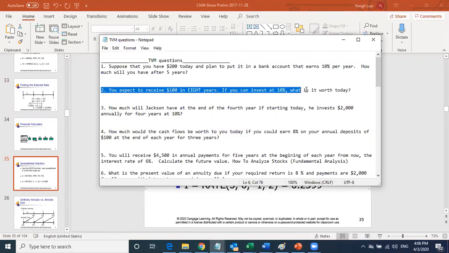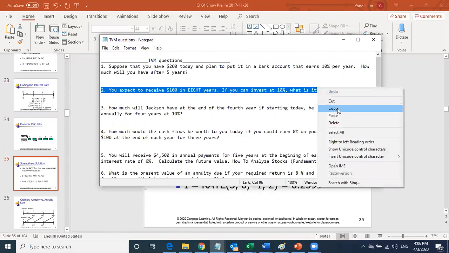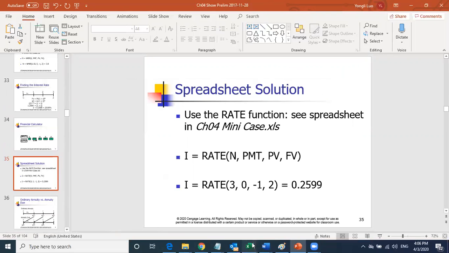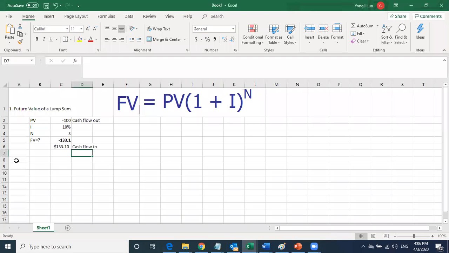For example, you expect to receive $100 in 8 years. If you can invest at 10%, what is it worth today?